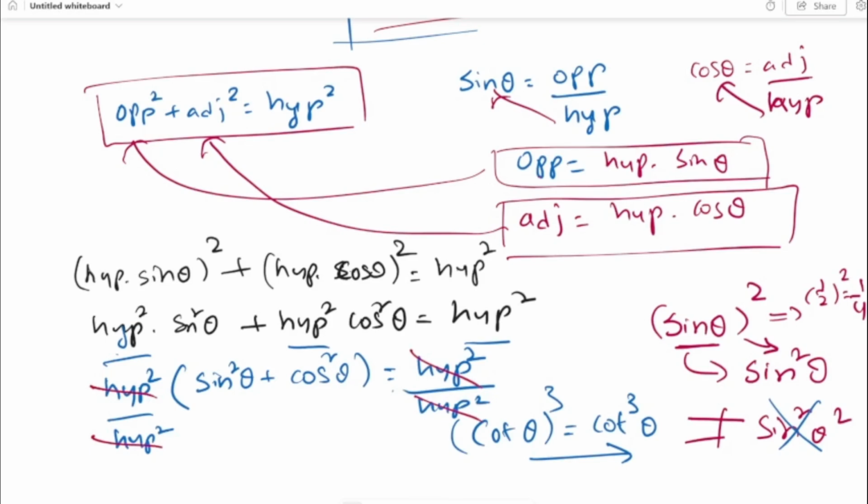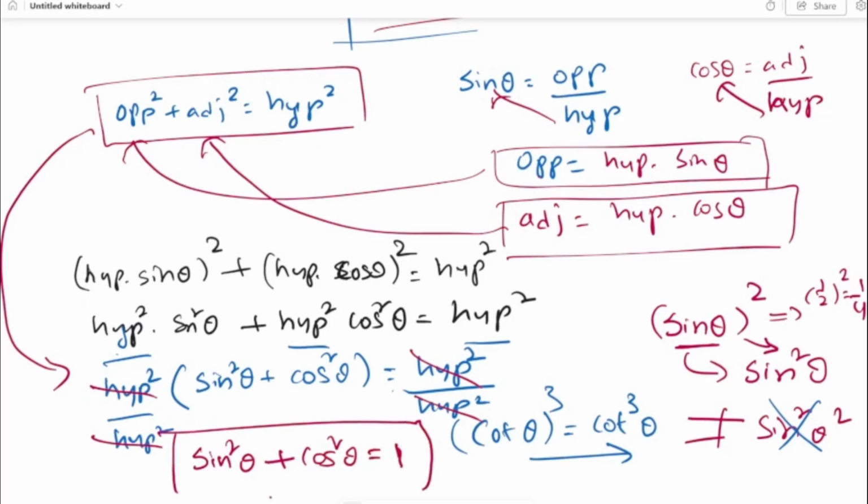So the Pythagoras equation transformed into a simple sine square theta plus cos square theta equal to 1. In a nutshell, this is also the Pythagoras theorem, because we are rewriting it in a different lingo with ratios. Sine square theta plus cos square theta is equal to 1. This you have to memorize.